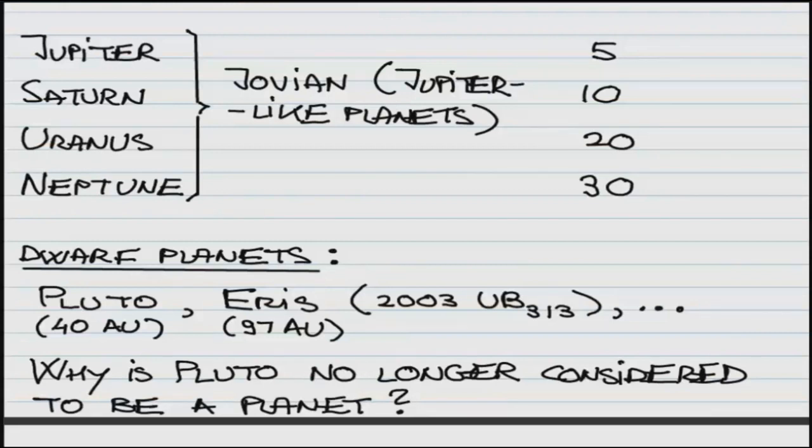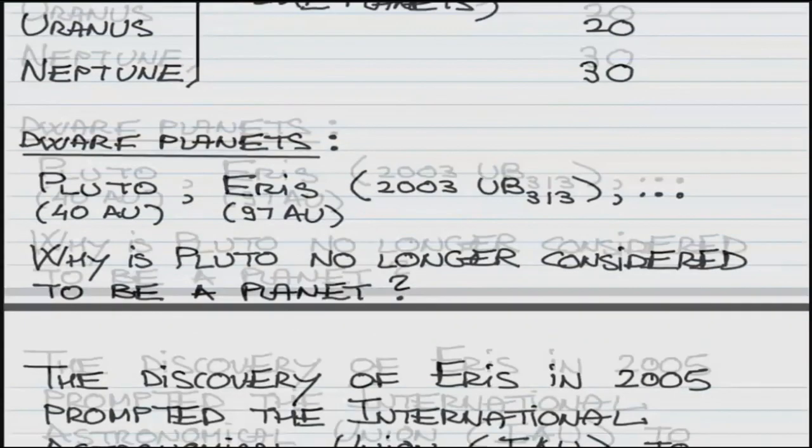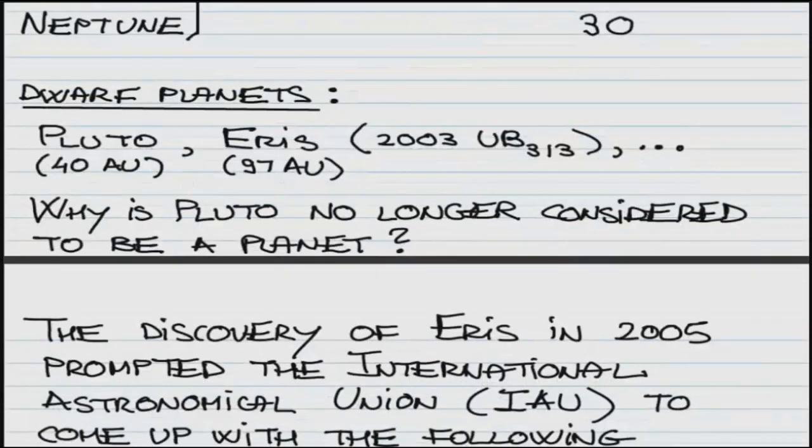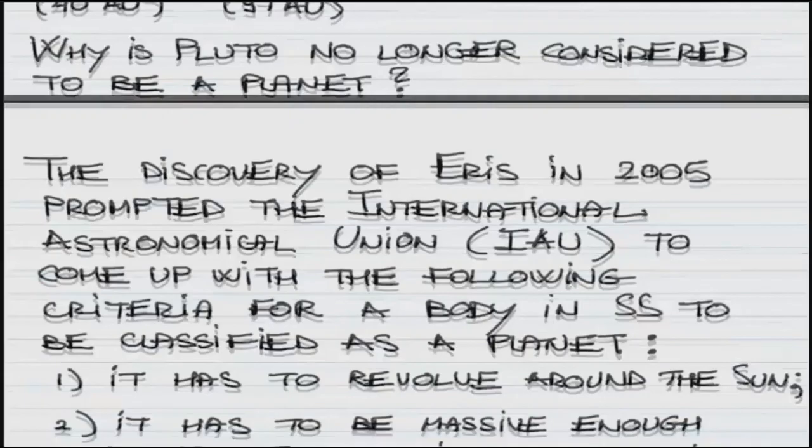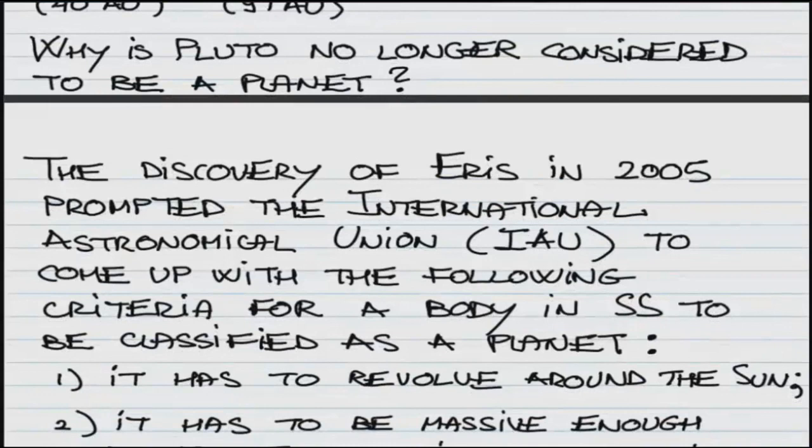So now coming back to this question, why is Pluto no longer considered to be a planet? As I said, the discovery of Eris in 2005 put astronomers into a dilemma of what to do, whether to include this newly discovered body into the set of planets as a 10th planet, or to demote Pluto from the status of the planet.